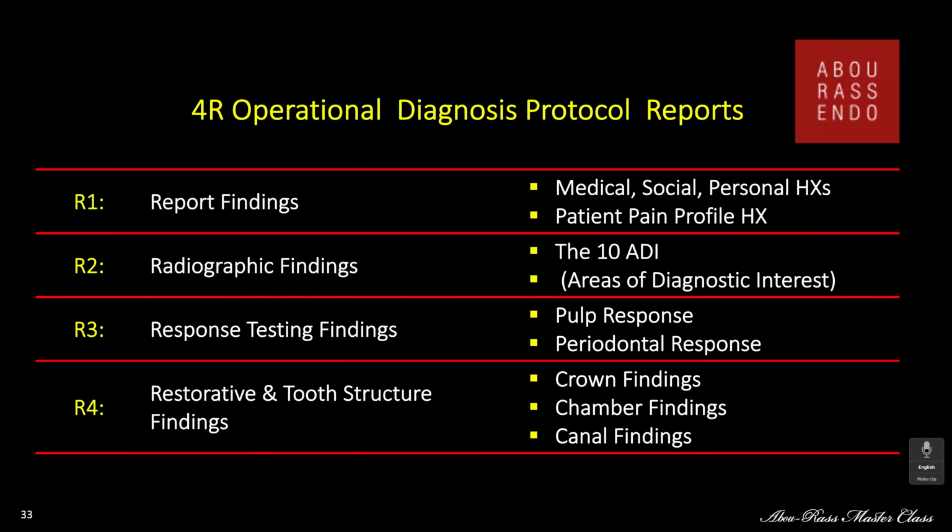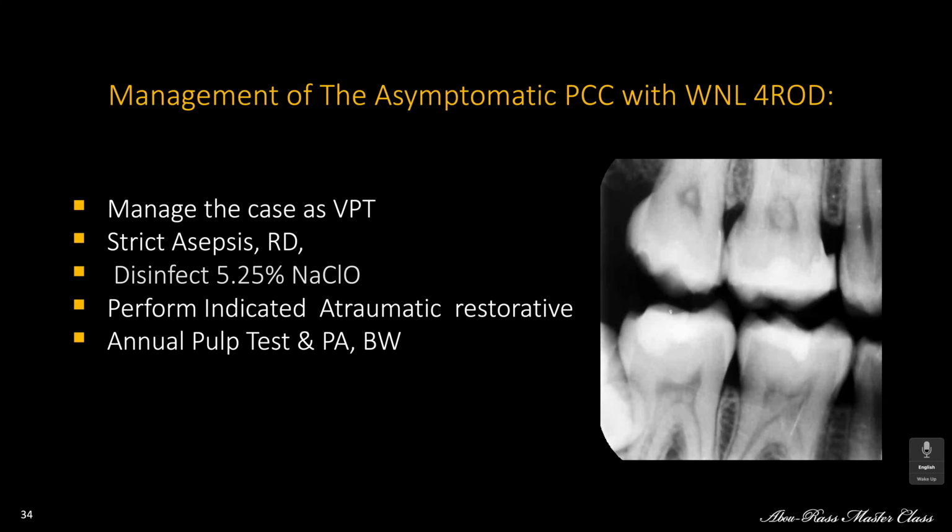As I stated, you will have 10 reports, you integrate them, and then you manage the case. So how do we manage? I said manage because sometimes you, as a general practitioner, decide to refer the case. Then if you refer, you should be the team leader. You should instruct the specialist of what is needed, what you have found, and what you want done.